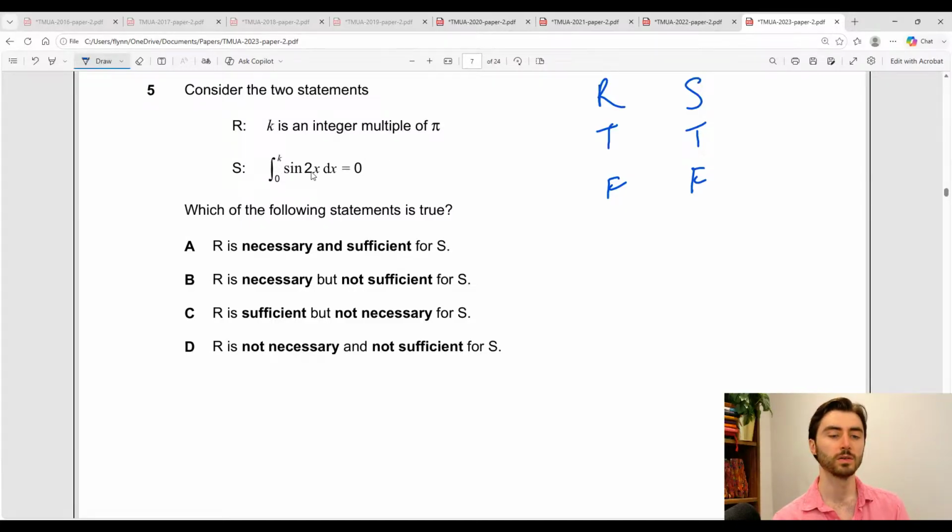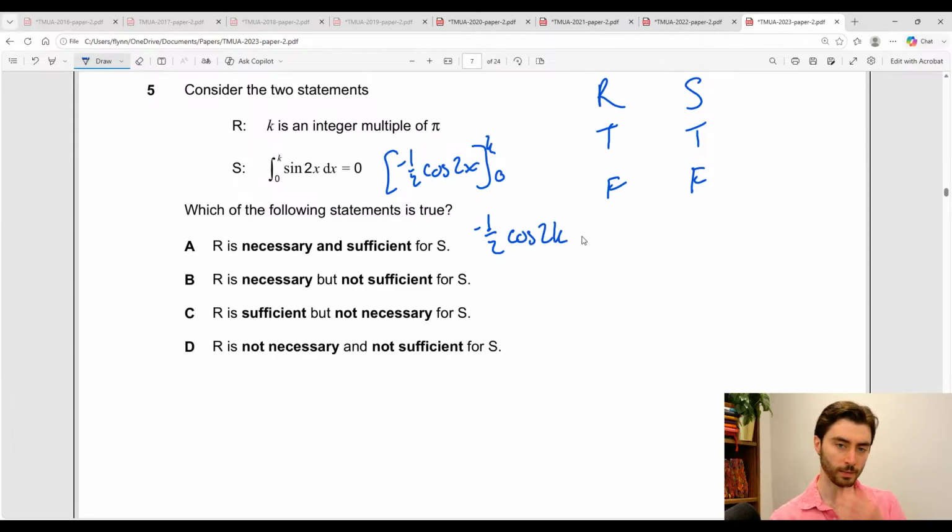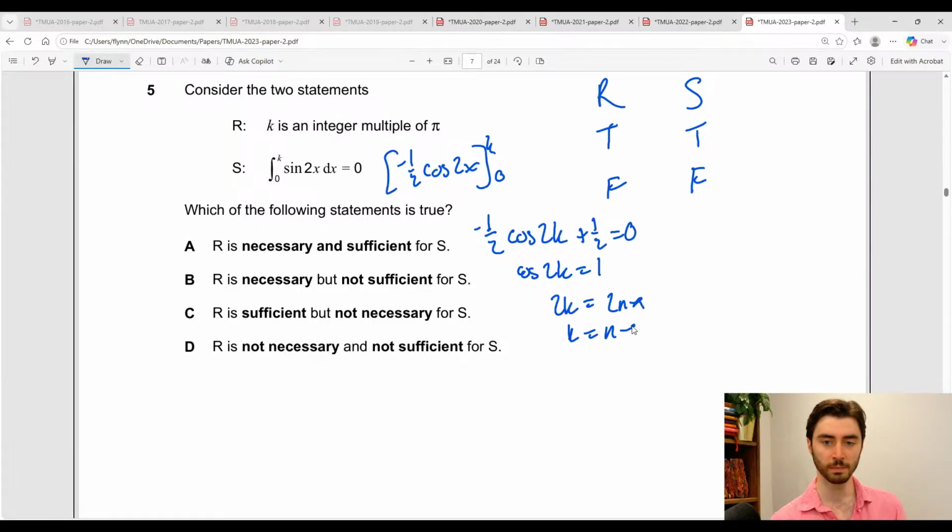So integrating, you would get minus a half cos 2x between k and 0, which is minus a half cos 2k plus a half equals 0, which means that cos 2k equals 1, which means that 2k is equal to 2n pi, which means that k is equal to n pi.